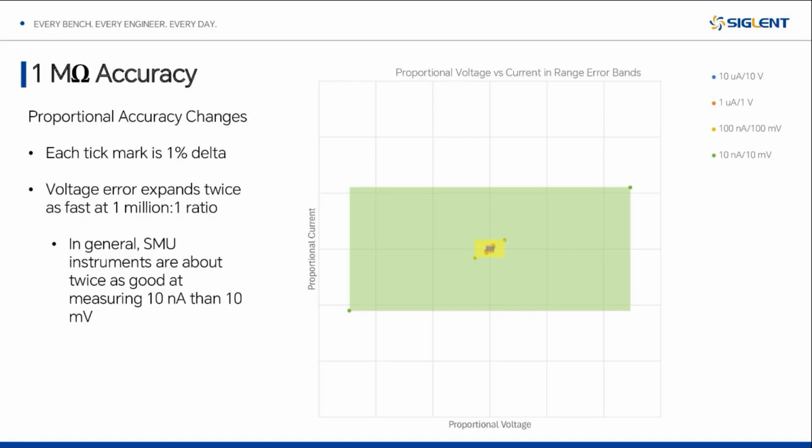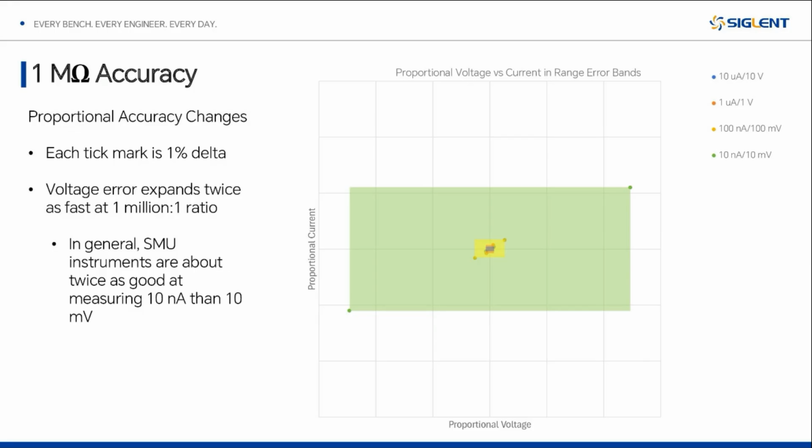In this context, these SMU instruments are typically about twice as good at measuring 10 nanoamps as they are at measuring 10 millivolts. You can see that by the divisions of the error bands. They tend to be about twice as wide as they are high.